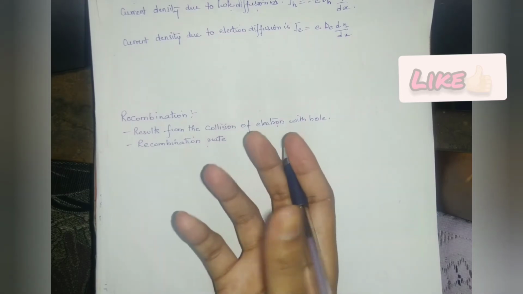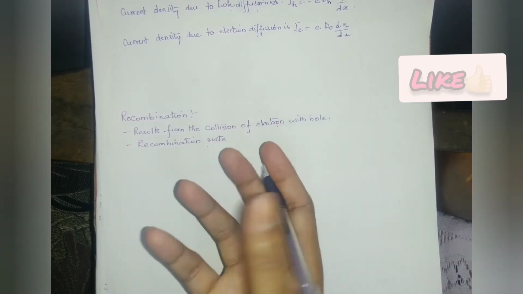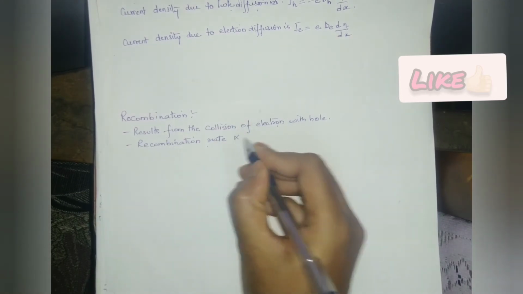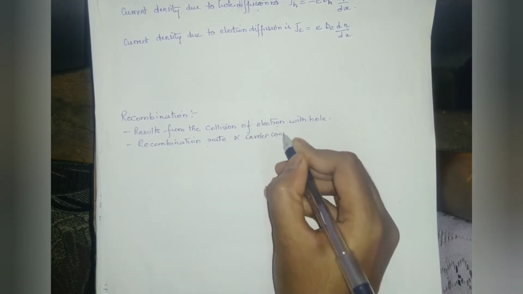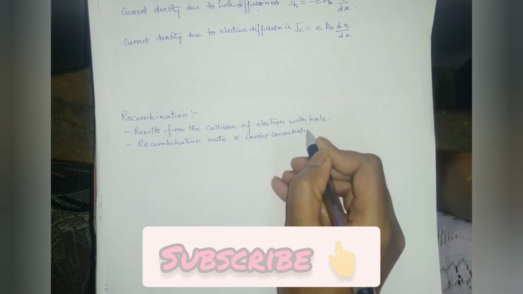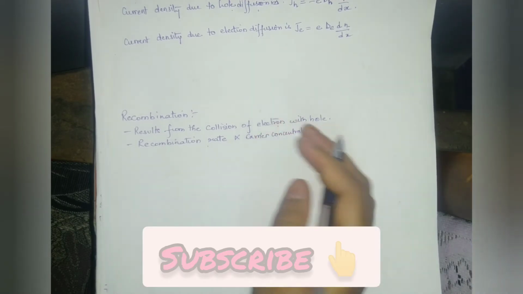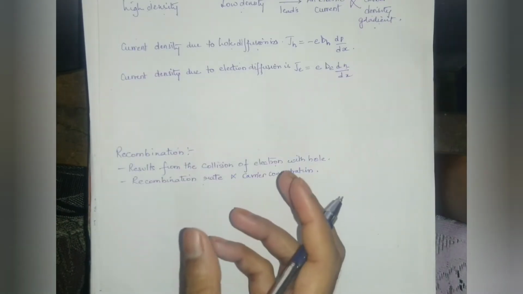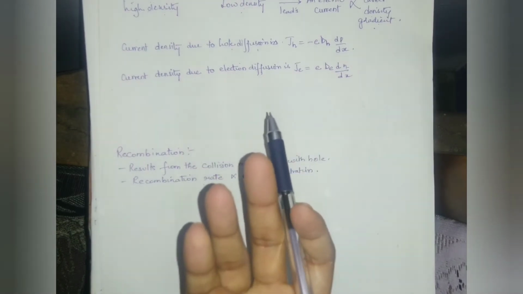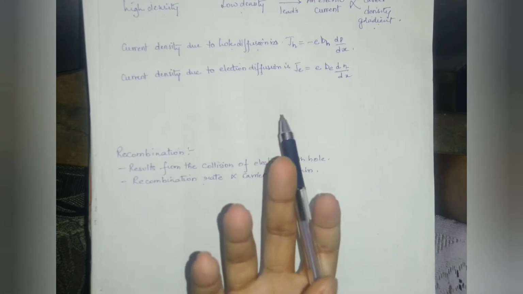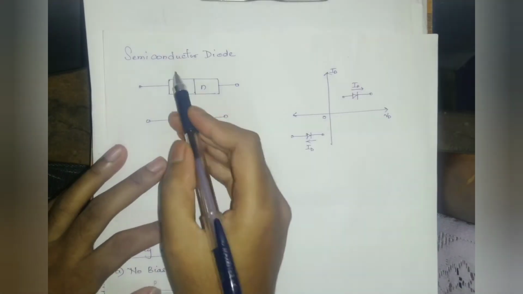The more the carrier concentration, the more the recombination rate. Total flow in a semiconductor is the sum of the three flows, that is drift plus diffusion plus recombination. So now let's look at the semiconductor diode.